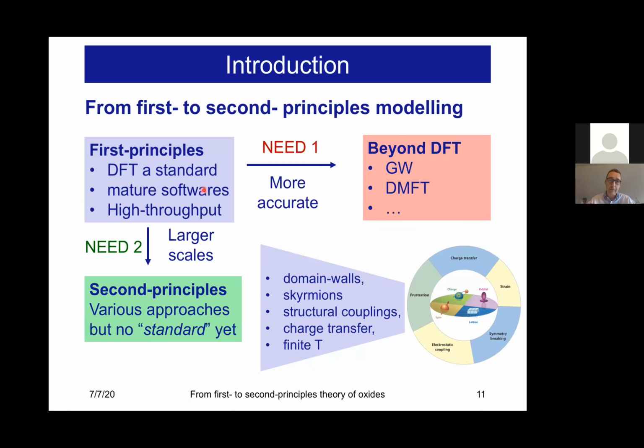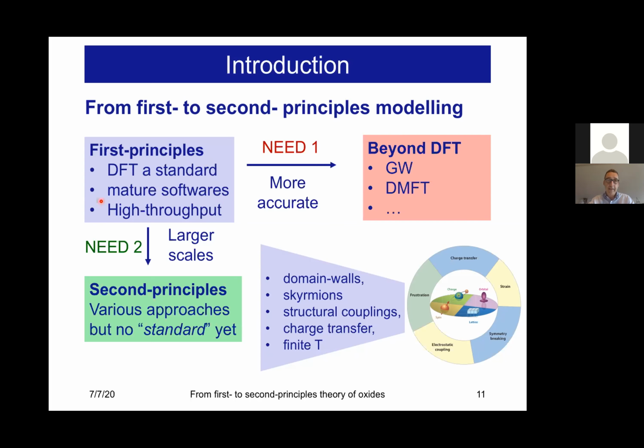We have some big codes. I will say a few words later about that. And these codes are really mature in the sense that now we can really do what we call high throughput calculation, and we can automatically compute many properties of materials, without even human involvement. So the machine can do the job, basically.